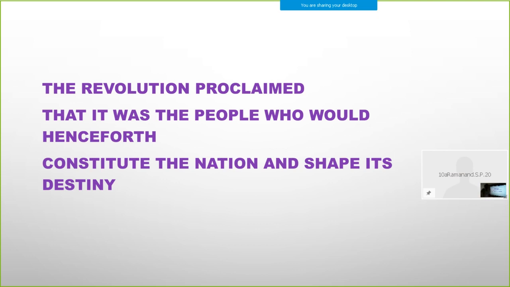Before the revolution, if a ruler was strong, the identity of the country would be reflected in the whole world. After the revolution, if the people are strong, the identity of the country will be expressed all over the world. So the French Revolution says that it was the people who would create or shape the destiny of the nations.